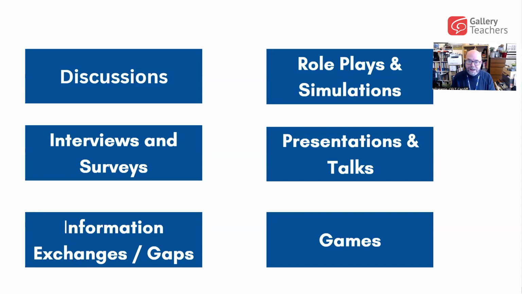And that might surprise you because an information gap, where student A has some information, student B has different information, and they have to find out by talking to one another, is often associated with a low level learner, and rightly so. But it also works extremely well in the context of, for example, medical English, where the doctor is trying to find out the missing information that she or he doesn't have.